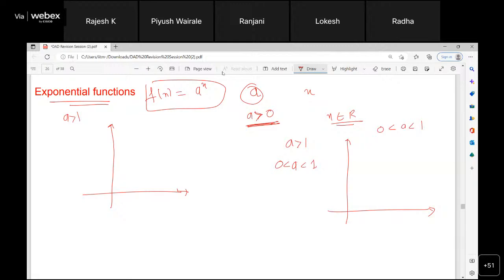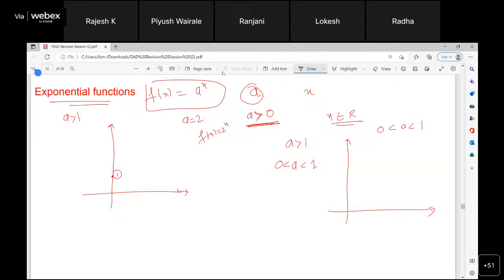We'll plot it point by point. When x is equal to 0, f of x is equal to 1. Suppose a equals 2, so that is 2 to the power x. When x equals 0, y is equal to 1, so it should cut this particular point.